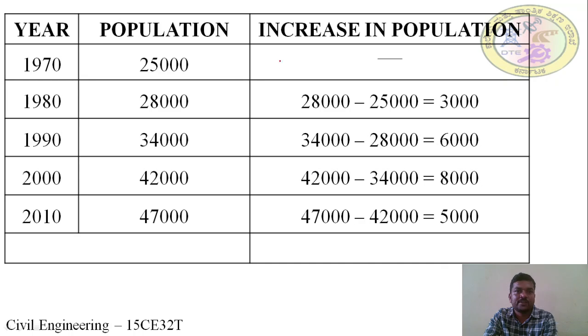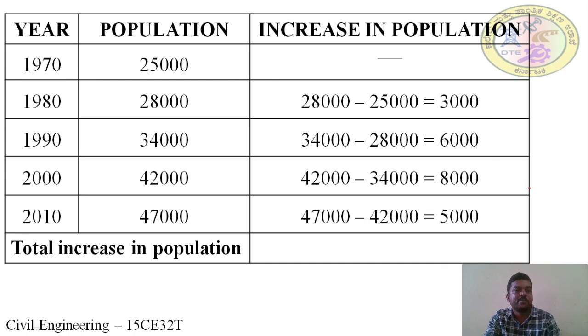After finding the increase in population for each decade, we need to find the average increase in population per decade. To do that, first we must add all these increases in population to get the total increase, that is 3,000 plus 6,000 plus 8,000 plus 5,000 is equal to 22,000.